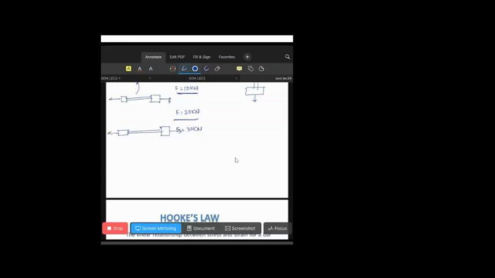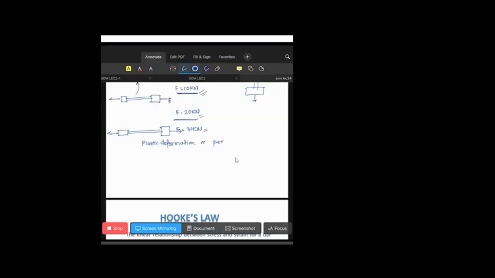Now, if I release the rod, it may regain its original shape, or it may not regain its original shape and size. If it is not regaining its original shape and size, it means there will be some plastic deformation or permanent deformation. So these values are hypothetical.